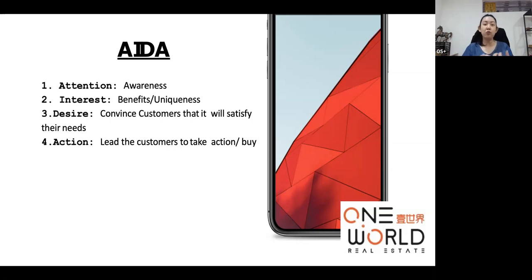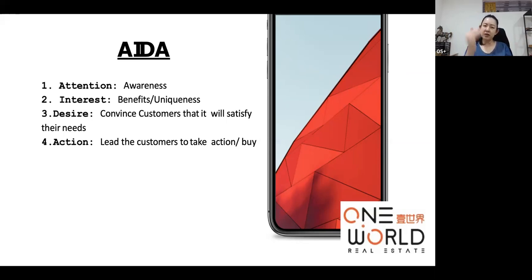So as a specialist, I will be able to save your money. After you pass the business to me, I will be able to provide you a better service, because this property has no more, only these 2 units, A and B left. If you don't buy now, then no more. So then you ask them to take action.